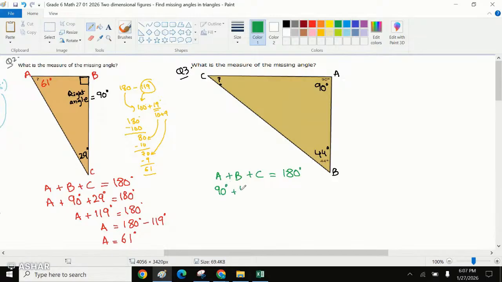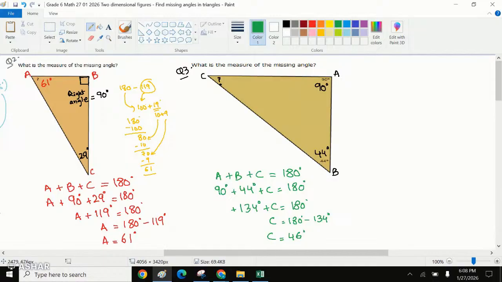Do we know angle B? 90 plus 44 plus C is equal to 180. 90 plus 44 is 134. Once we move 134 to the other side, it is positive here, it becomes negative on the other side. And C would come out to be 46.